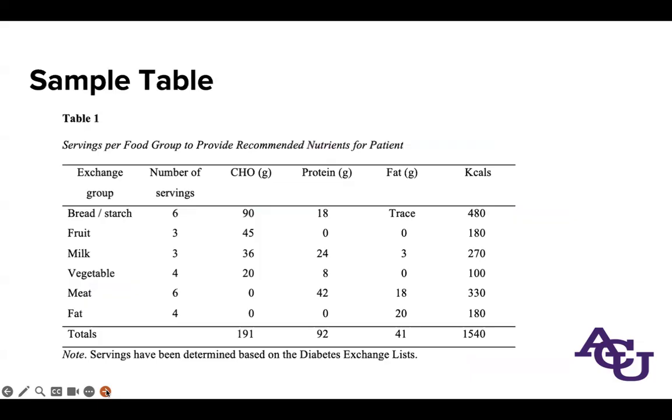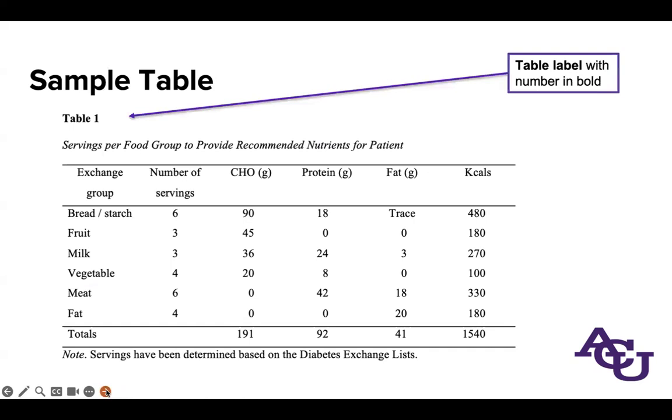We're going to go through and look at different features of the table to check out how we need to format it. So first, you need to have a table label with the number in bold. So if this were table 1, we would have table 1 in bold. That would be in the same font as the rest of your paper is in, and you can see the table label and the line under it, and then the table itself at the top.